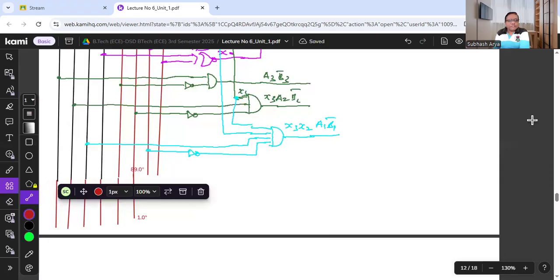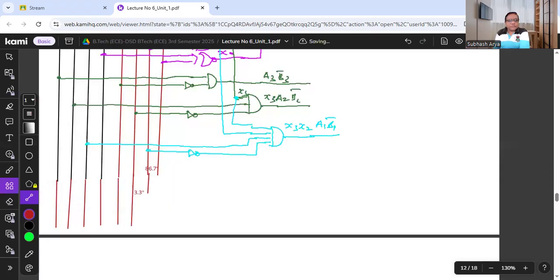We are implementing the 4-bit magnitude comparator circuit. Now, the last bit means the least significant bit expression. For that purpose, this situation comes when all other higher bits are equal.